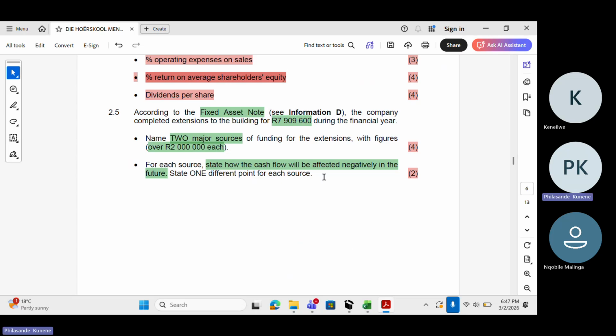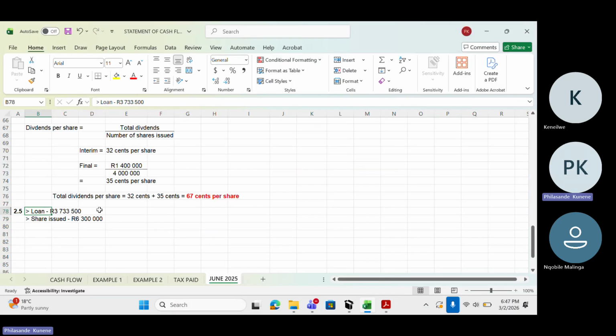How is this going to affect negatively the cash flow in the future? So if we borrow money, how is it going to affect us in future? You might have less cash because you have to pay off the loan. Exactly.